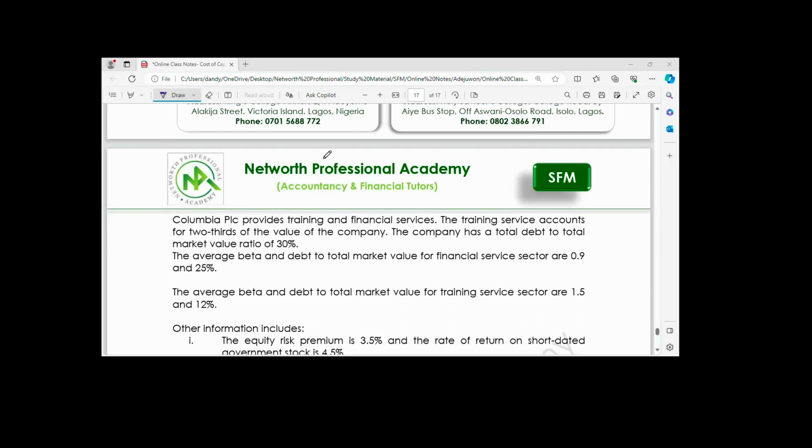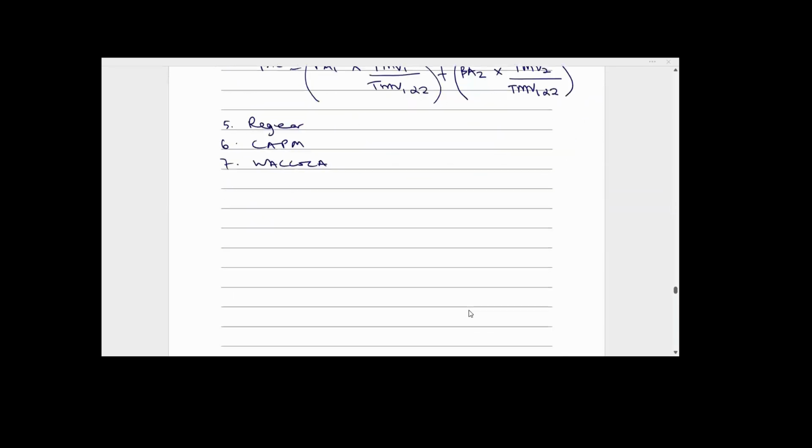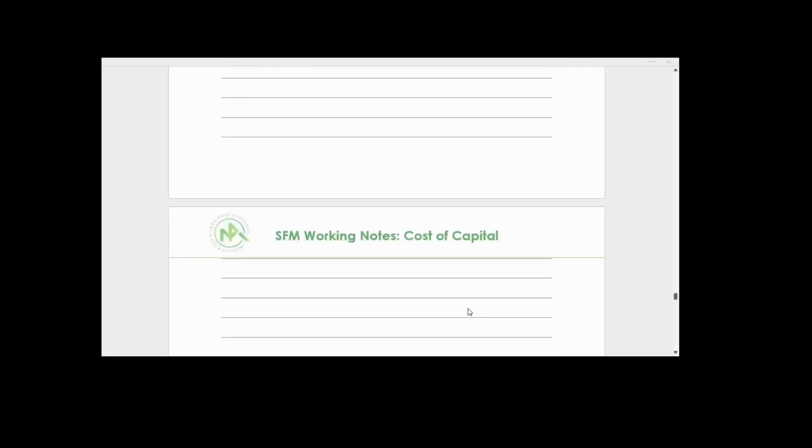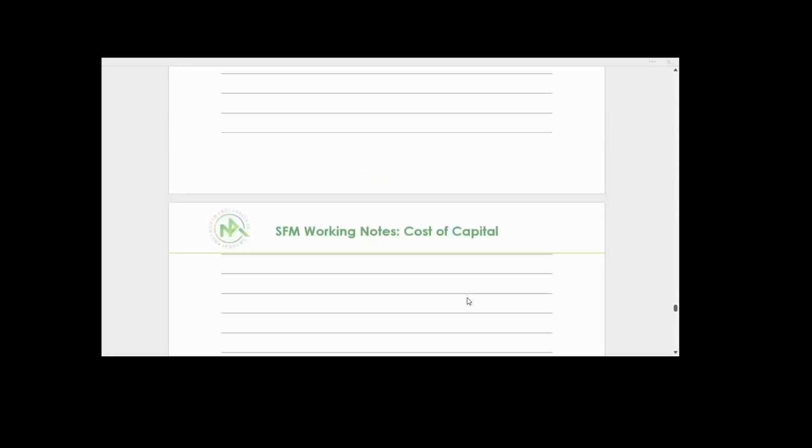That will now take us to the working notes so that we can quickly solve it before our time elapses for today. I'll stop sharing this, then I will share the working note with you.